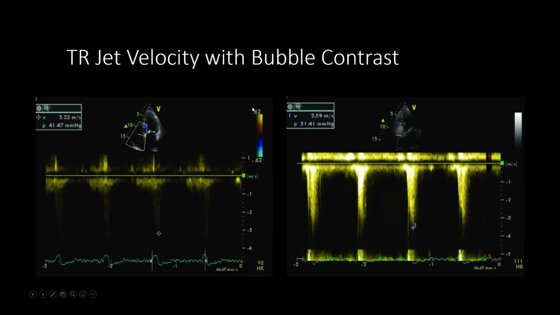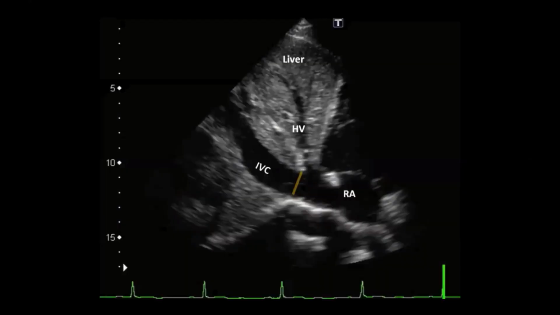So in theory, you get a much brighter signal. Maybe it makes you more confident of your measurement, but continuous wave Doppler is pretty good in detecting any regurgitant jet. And what your interest is the maximum speed that can be generated.